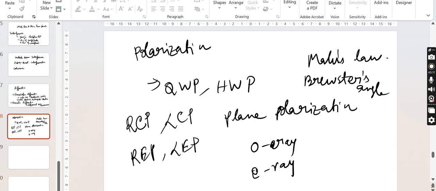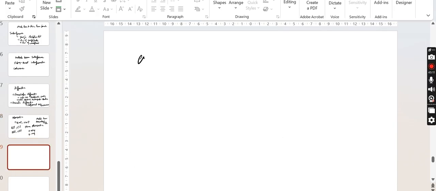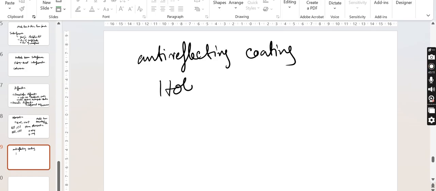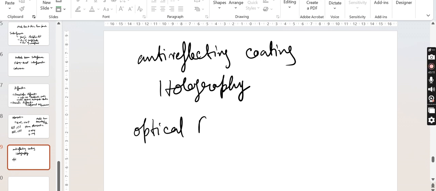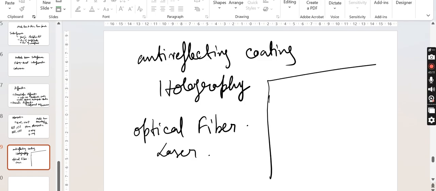And then in the last week we have gone through anti-reflecting coating, holography, how holography is recorded and reconstructed, optical fiber, laser. I have discussed the theory in the tutorial once again for better understanding, and also problems.